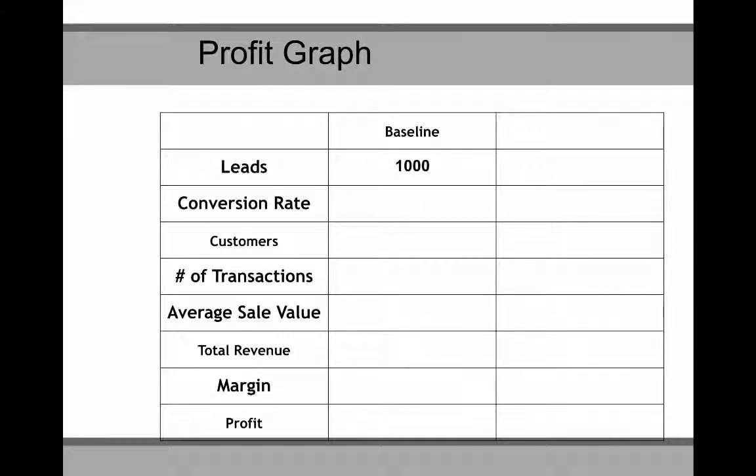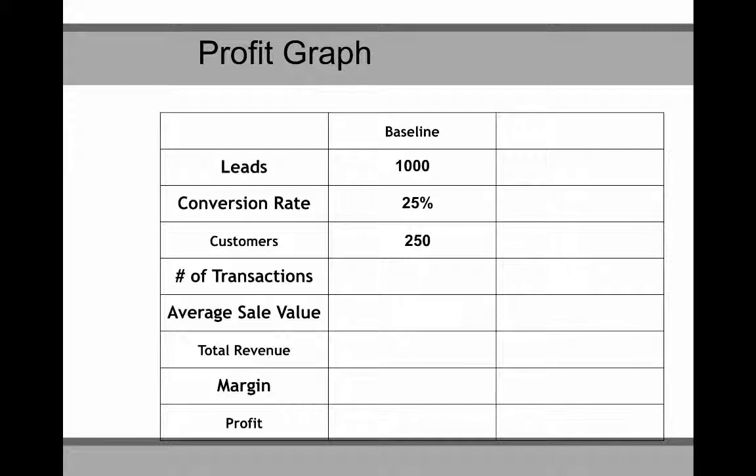Let's say your current baseline is 1,000 leads per year. Your current conversion rate is 25%, meaning that 1 of every 4 people you sit in front of agrees to buy from you. So that means that you convert 250 of those 1,000 leads into clients or customers.